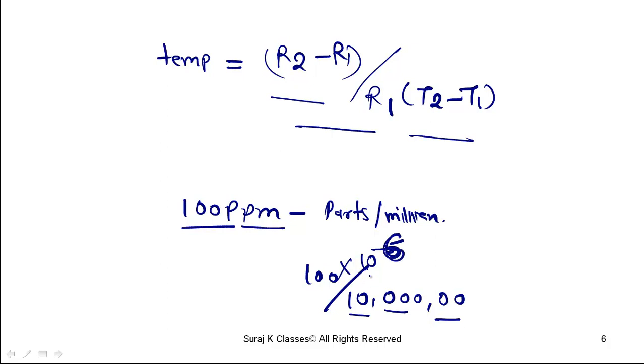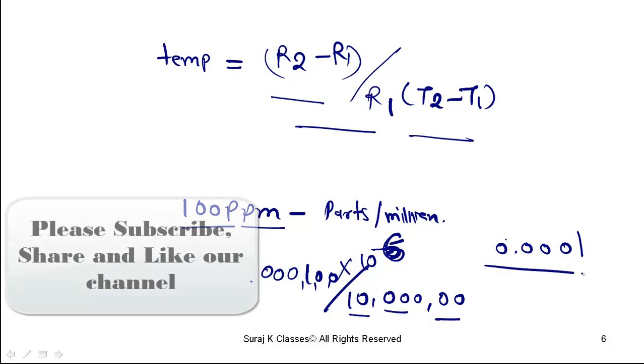From here you can get the value: 1, 2, 3, 4, 5 and 6, so this is 0.0001.